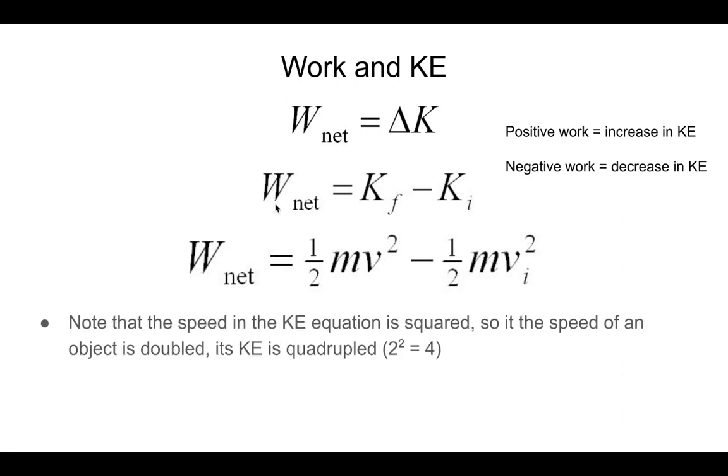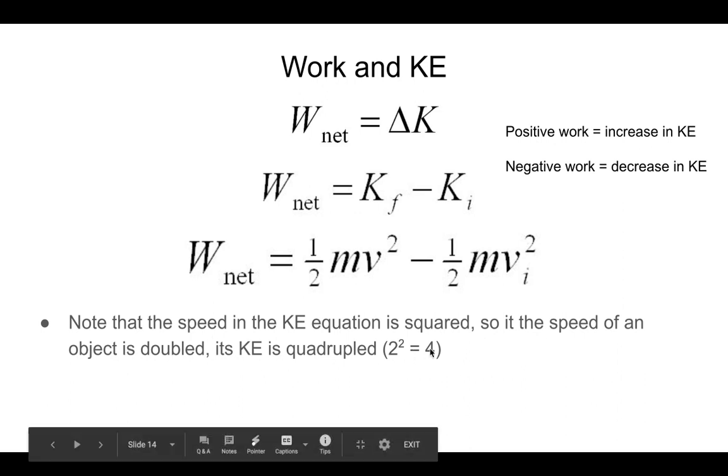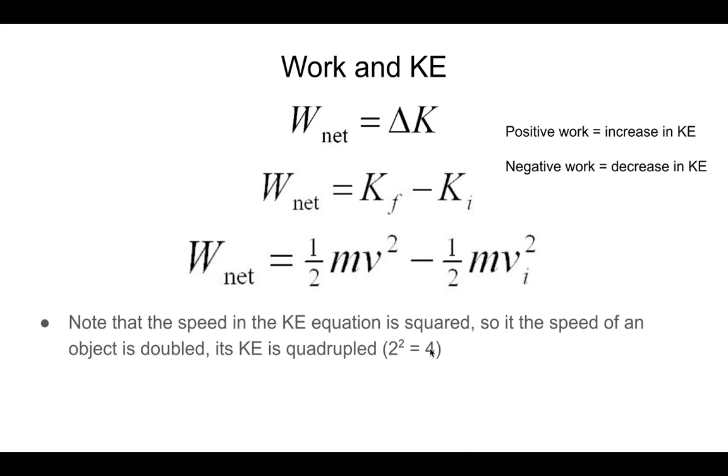So here, note that the speed or velocity is squared, okay? So if the speed of an object is doubled, the kinetic energy is quadrupled, and that's really important for conceptual questions for these problems. We'll talk about how much work is required to double the speed and things like that.